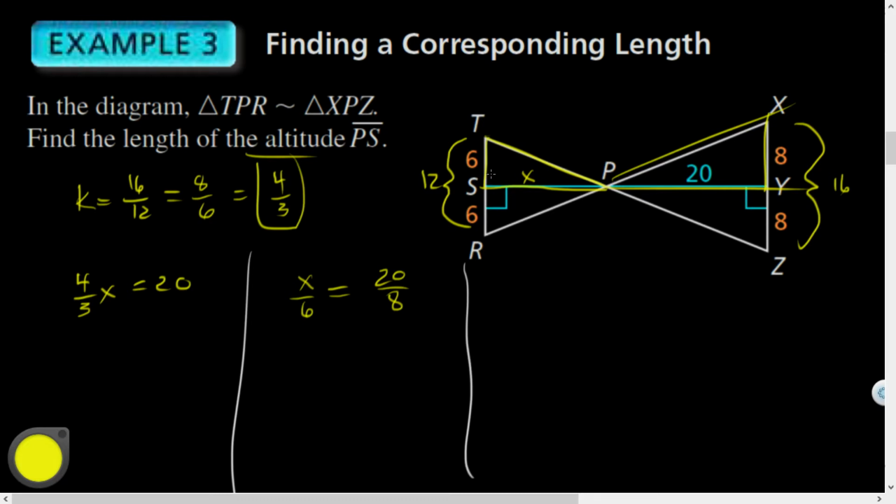Another way I could set this up, I like to usually work within a single triangle, saying x is to 6 as this is to that. But I actually can also work across triangles. I could have said x is to 20, right? Long leg is to long leg as, what do you suspect would be in this next fraction? As 6 is to 8. Short leg is to short leg. So there's actually a whole bunch of different ways that you can solve these.